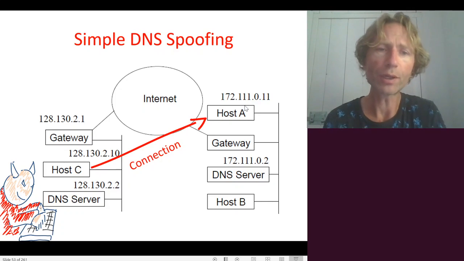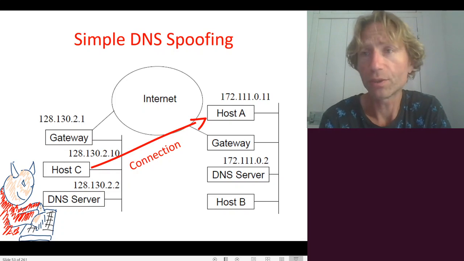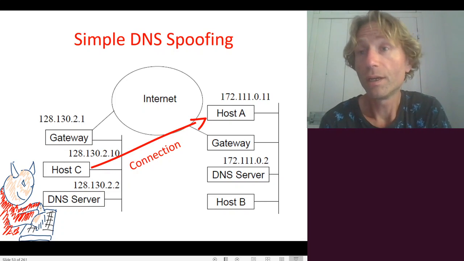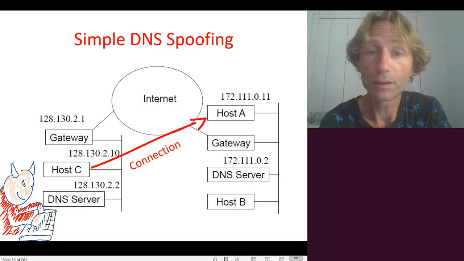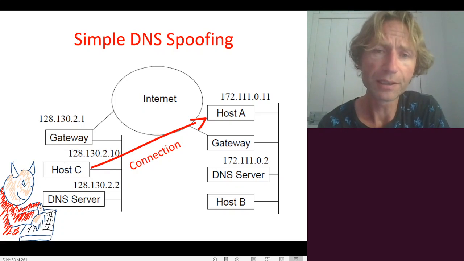The way that works is it tries to set up a TCP connection, or it could be a UDP interaction, but it doesn't matter so much. It tries to log in to this machine.